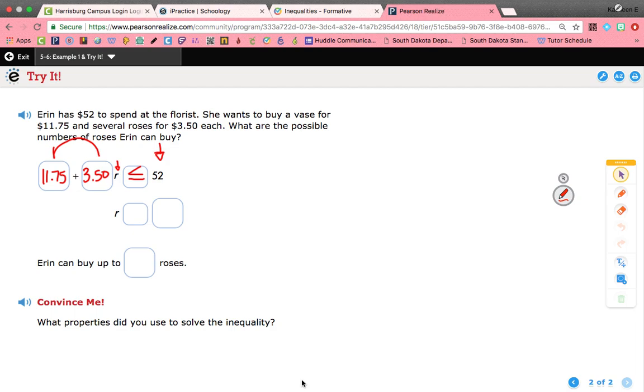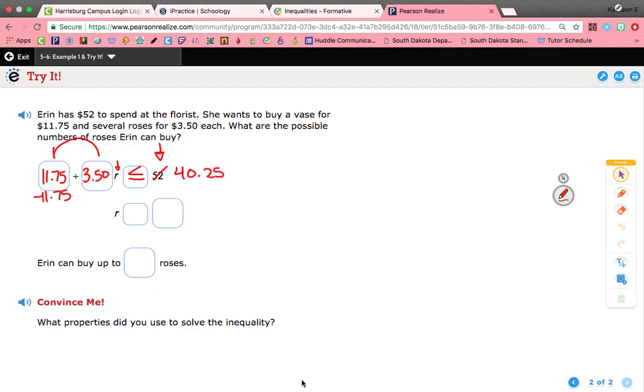We would subtract 11.75. So we have 52 minus 11.75, and that's going to give us 40.25. This skips a whole bunch of steps, so we're going to cross this out and do 40.25.